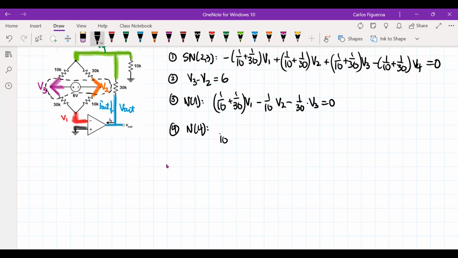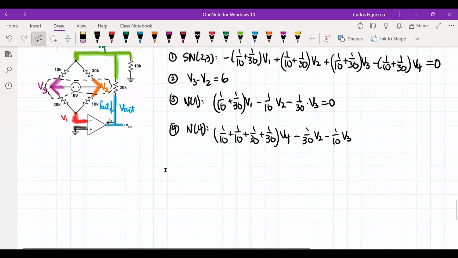So I have 2 10s and 2 30s connected to node 4. But then I have 3 mutuals. If I look at the mutuals, there's one connected to 2, there's one connected to 3, and there's one connected to vout.